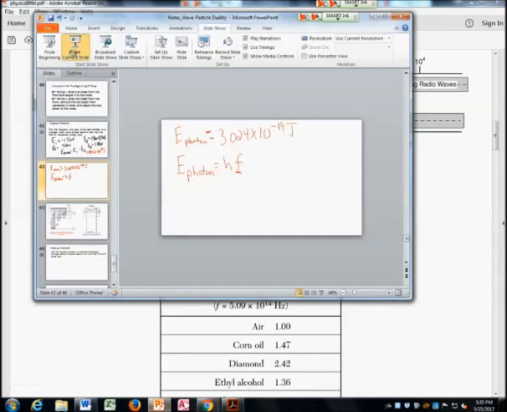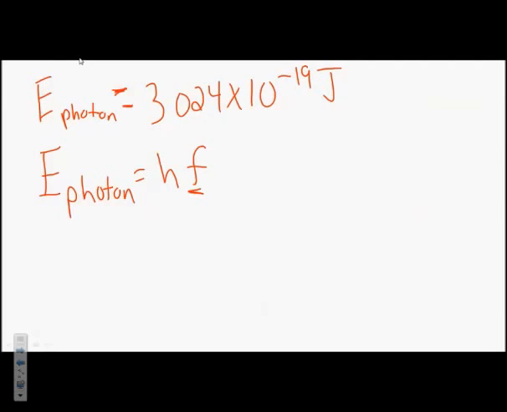Okay. So we know that value now. Why are we freezing? Okay, apparently they hate me. There we go. So then we can get our h from the front of our reference tables at 6.63 times 10 to the negative 34 joule-seconds.